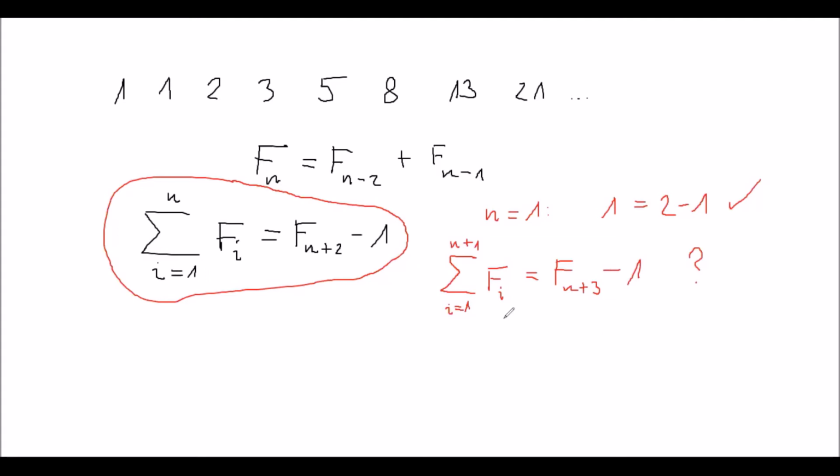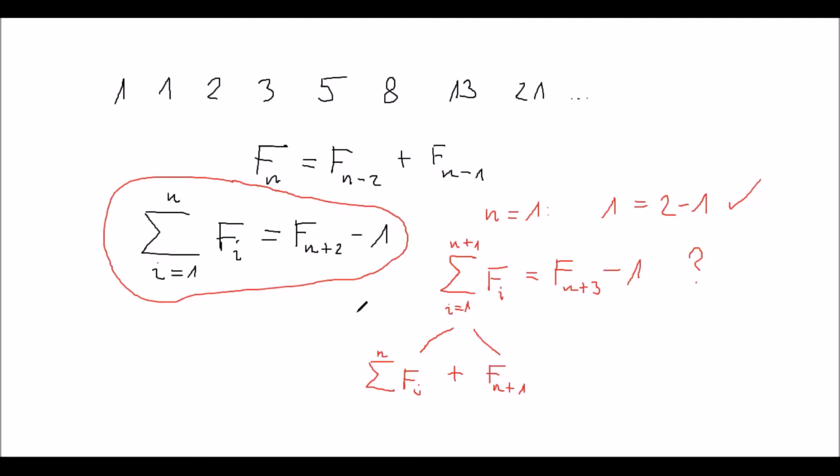Yes, because if we assume that this equality is true, then this sum can be broken up into two parts: the sum which goes only to the nth Fibonacci number, and we separately write f(n+1).